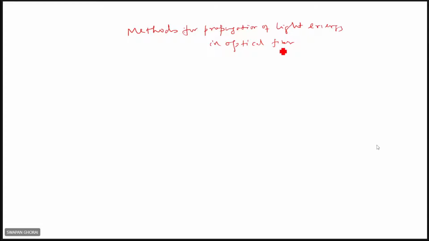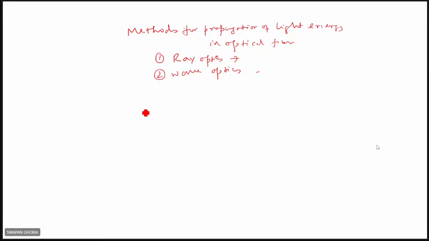The two methods are there generally. One is the ray optics method, the other is the wave optics method. When you consider ray optics, it seems somewhat easier, but you have to know the limitation of ray optics, and also you have to know the condition for wave optics, right?